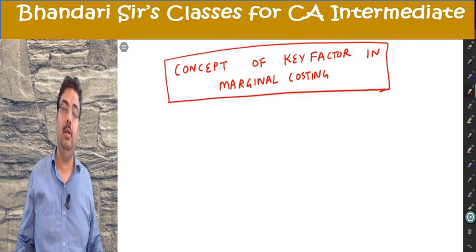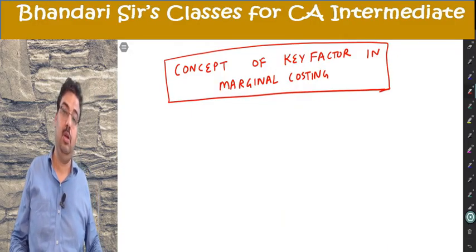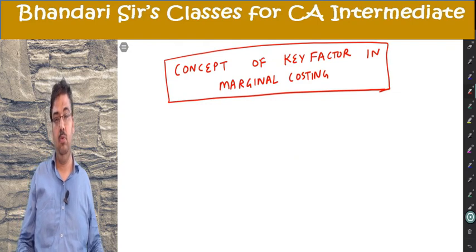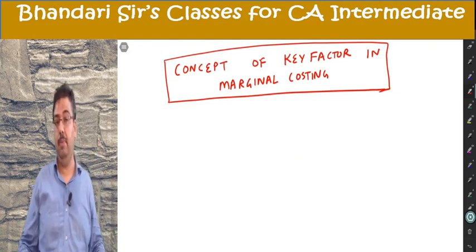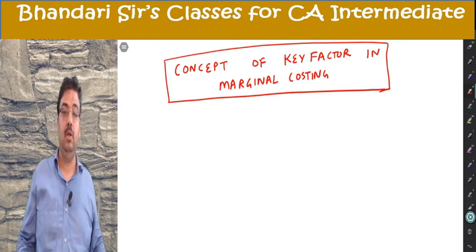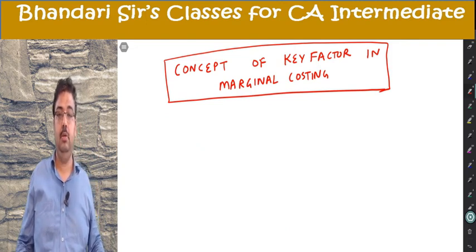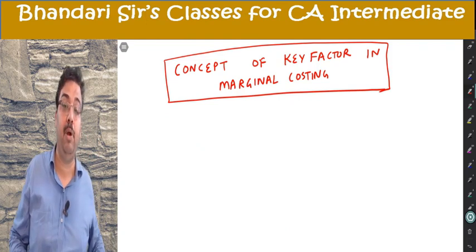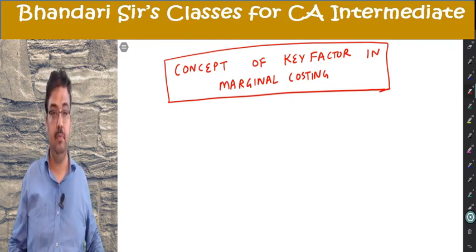Going through another important concept in marginal costing. This is called the concept of key factor in marginal costing. We talked of key factor a little bit while discussing the functional budgets. There can be some constraint in making the maximum production and maximum sale.